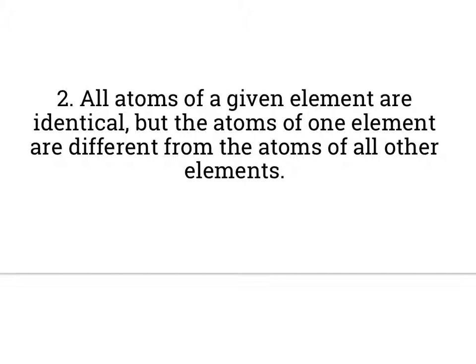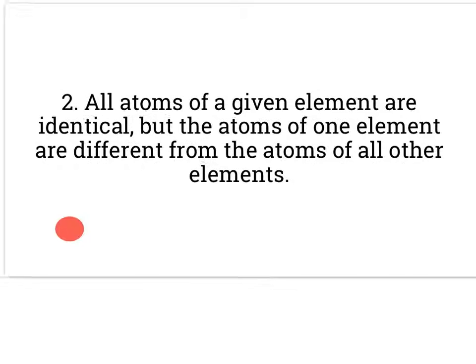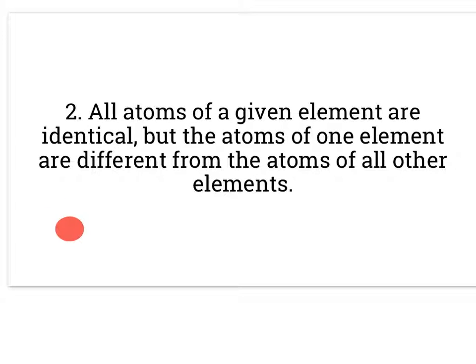Now, you've got to realize, especially with postulate number 1, he's thinking of these as really small, indivisible things. No protons, no neutrons, no electrons. What he basically says is that every atom of element red is going to be the same, and every atom of element blue is going to be the same, but red will not equal blue.